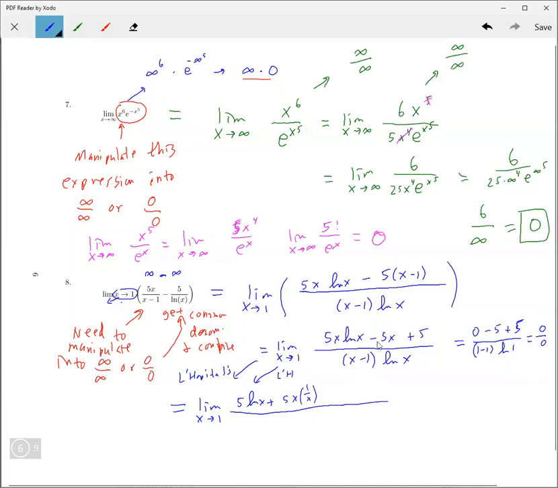And then the derivative of the last term is minus 5. Now in the denominator, we have the derivative of the first part, which is 1, times the second part, plus the first part times the derivative of the second part, which is 1 over x.